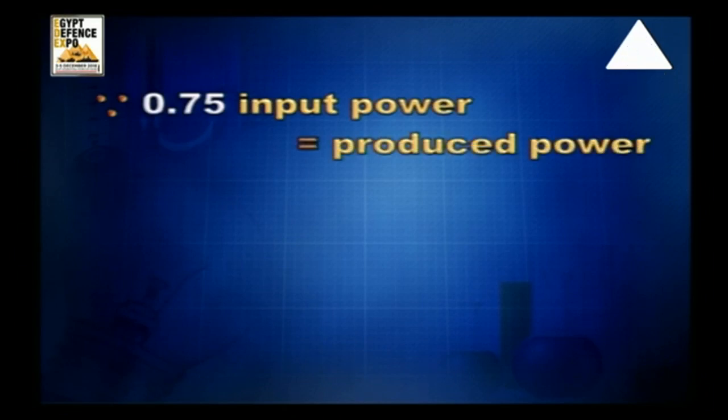It is 75% efficient, so 0.75 times the input power will be equal to the produced power. In the problem, efficiency is mentioned to be equal to 0.75. So 0.75 of the input power will be the produced power.